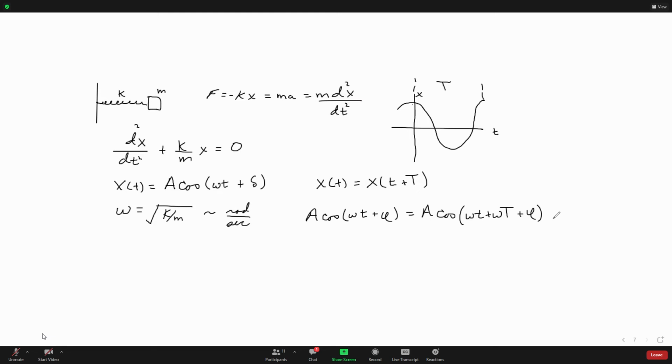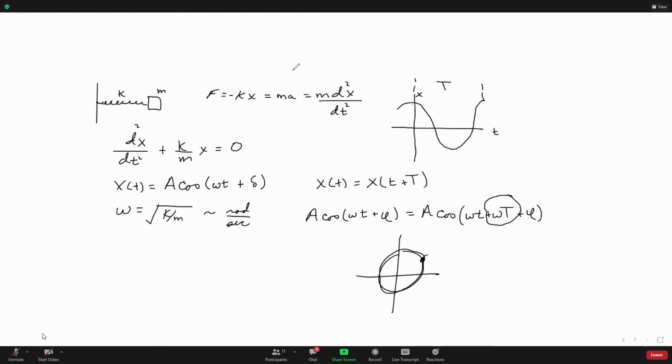Now, look at this carefully. These two things are equal. That tells you something about omega T. If I take the cosine and I add 2 pi radians, aren't I back where I started? Think about the circularity of the cosine function. I start here, I go around 2 pi, the cosine is the same.